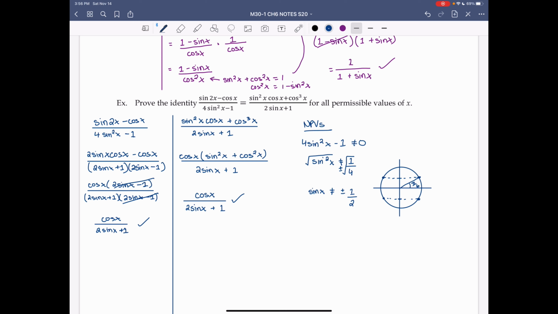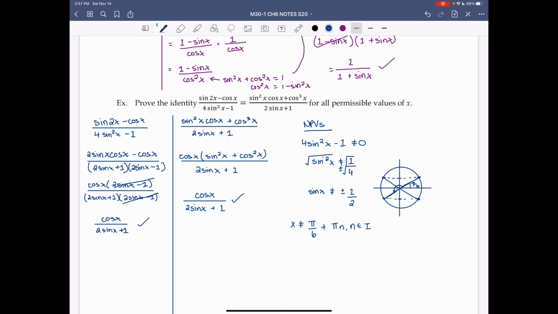And it's in every quadrant since it's both positive 1/2 and negative 1/2. So we would have to write two general statements for this NPV. We would have x cannot equal pi over 6 plus pi n, where n is an element of the integers. So that would be the angle in quadrant 1 and also pi away in quadrant 3.